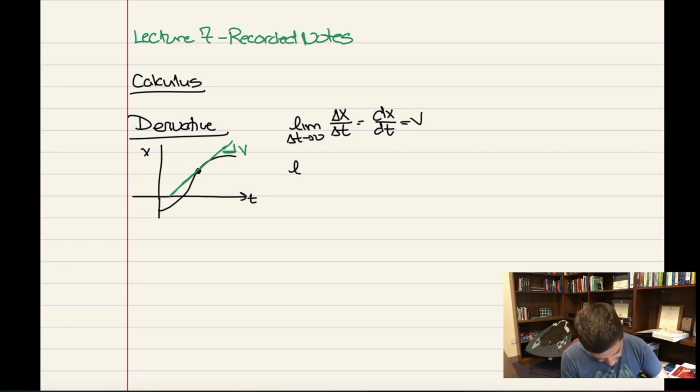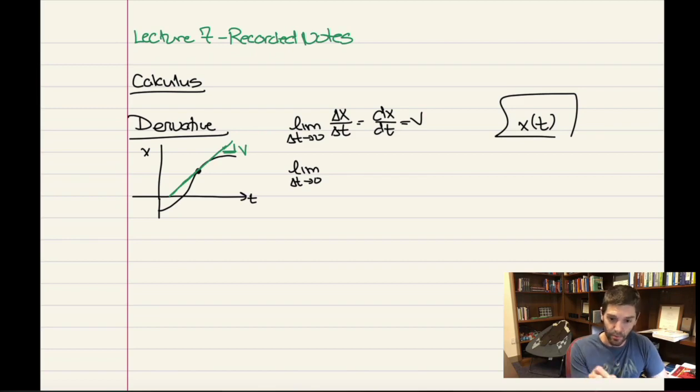In a calculus course, you will see it written like this instead. So the idea is you have some function x of t that you want to calculate the derivative of at some point t naught, say. So what is the derivative at t naught, or t sub 0?